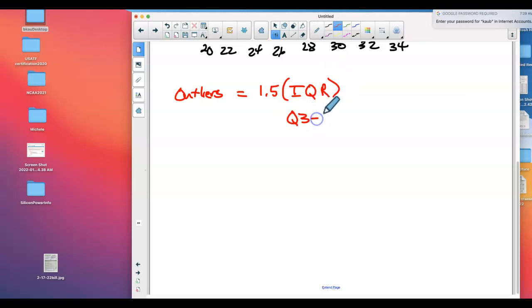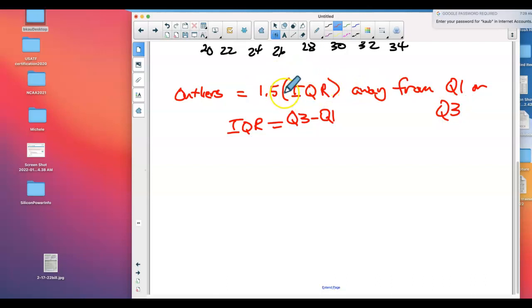Q3 minus Q1 is how you determine the IQR, the interquartile range. So it's 1.5 times this away from Q1 or Q3. So it has to be higher than this value to be an outlier on the right-hand side, and lower than this value if it's an outlier on the left.